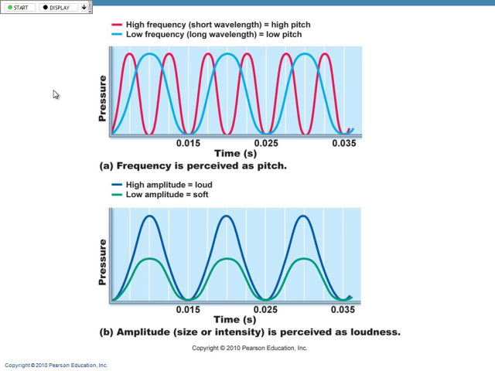So anything that disrupts the wave creation, say you have a problem with your tympanic membrane, say you have a problem with your auditory ossicles, are you going to be able to hear properly? So those are one thing that might cause a problem. The other thing that creates pressure changes is the vibration you make when you speak. That's why you don't sound anything like you think you sound.